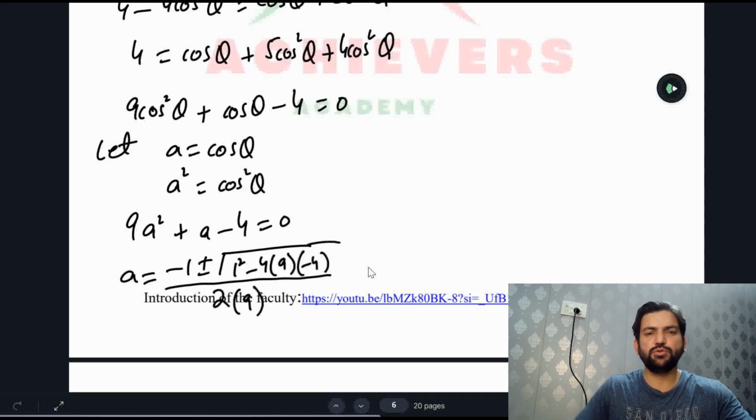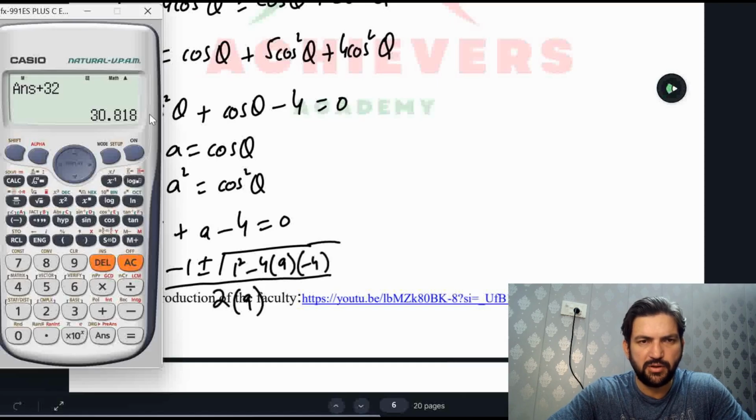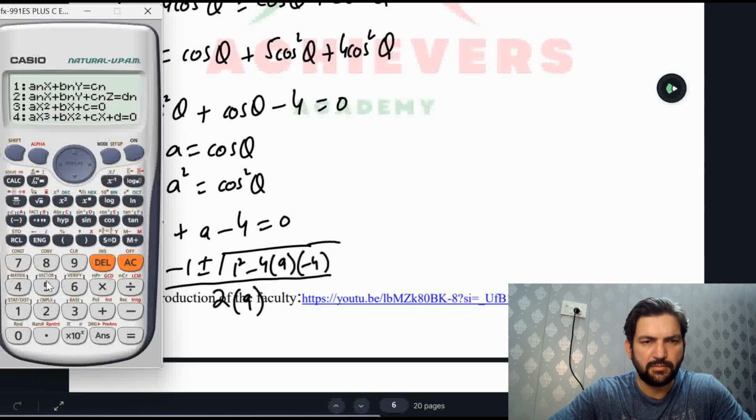We have to show our working like this, but actually we will solve it using the calculator. So a is 9, b is 1, and c is minus 4.